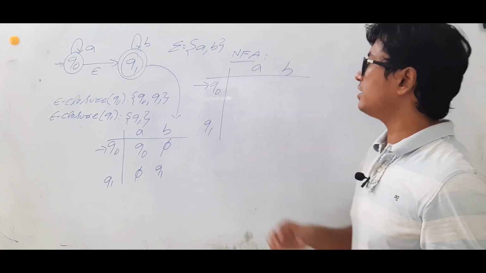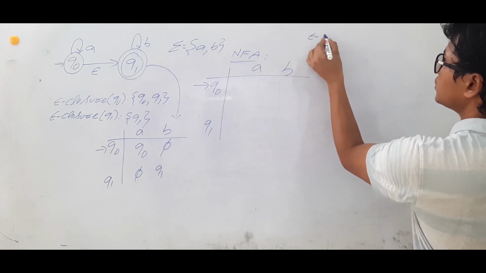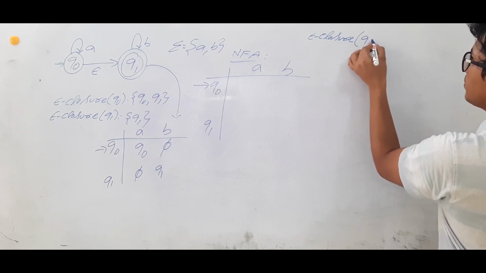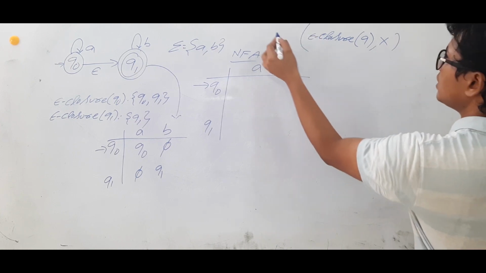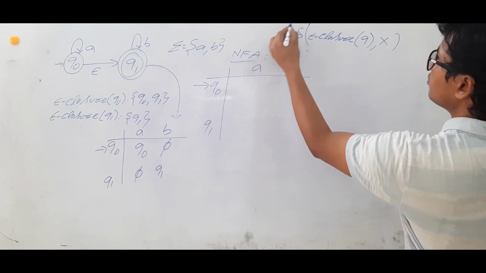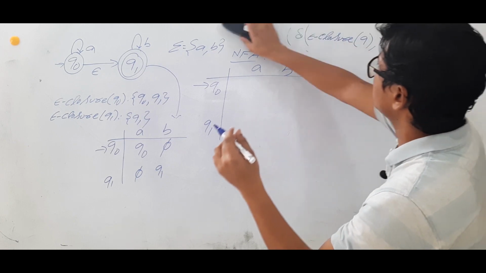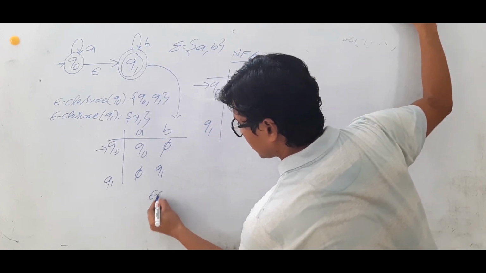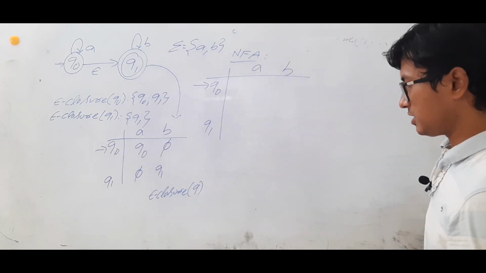Now we need to find Q0 on A. How will we do it? The procedure is simple. Let me write it simply: epsilon closure of Q on X. First I calculate the epsilon closure of Q, and I will get some states.